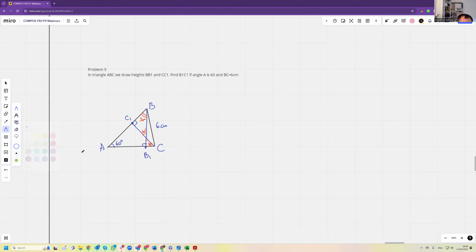Let's just label this point. Let's call it K. So it has to be something to do with the triangles.